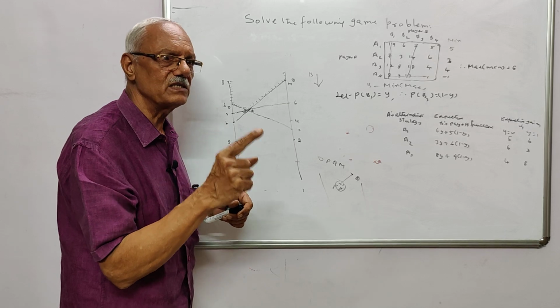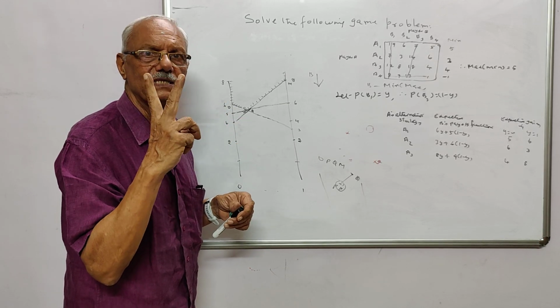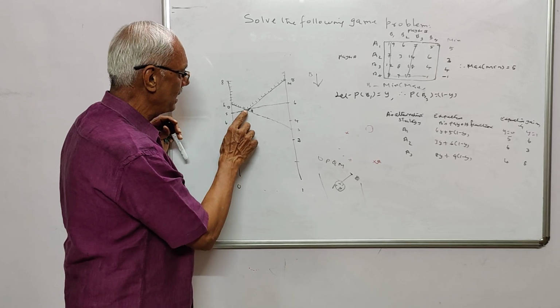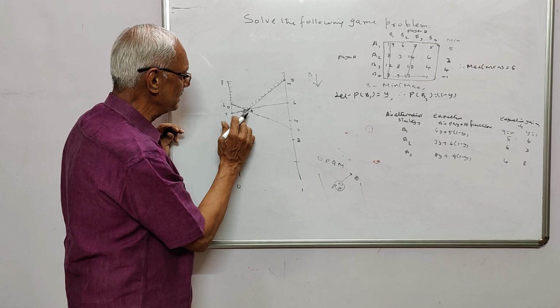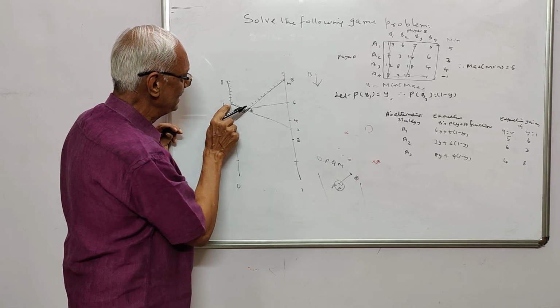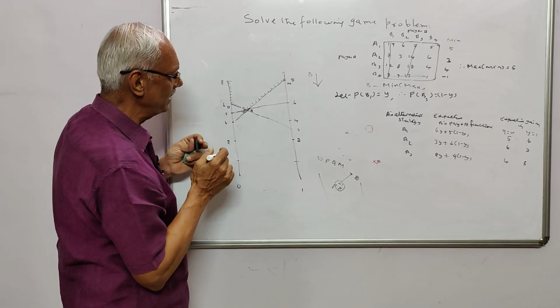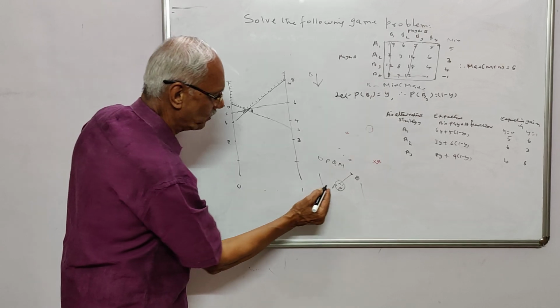So with reference to this point P, you just see which 2 lines intersect. Come to this point P. This point P is the intersection of the lines 5 6 and 6 3. How do you get this point P?